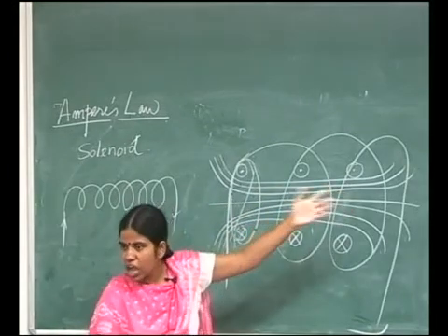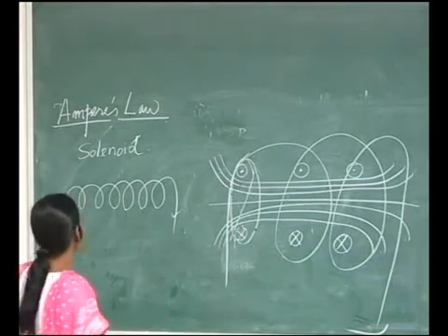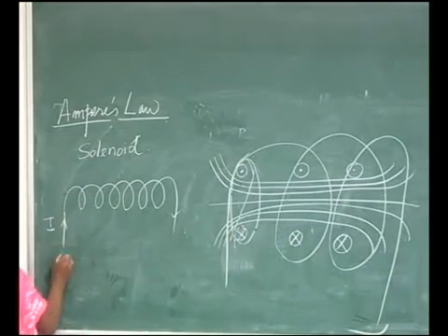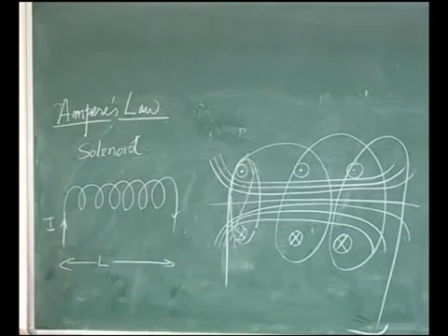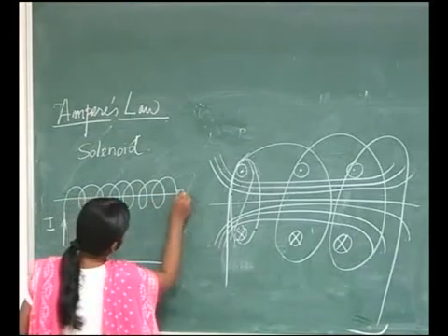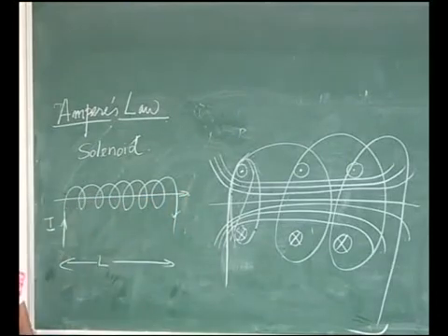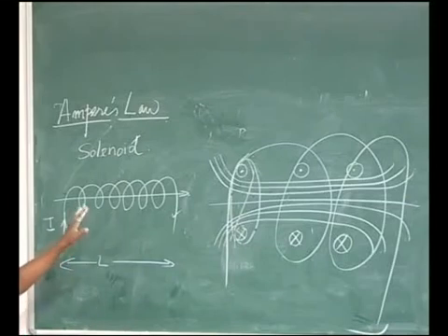Okay. So now I want to know, for some current I, if the total length is say L, what is the field through the solenoid? If I assume that I have done my homework perfectly well, that is, I have wound all the coils very tightly, then all the field should be inside.